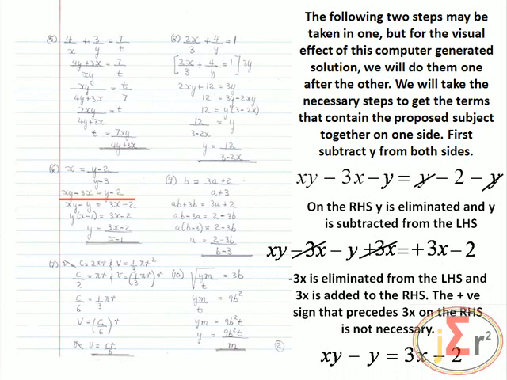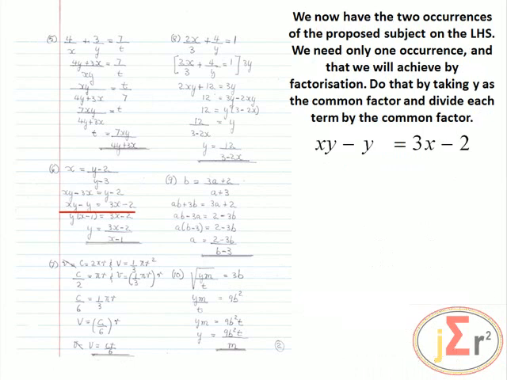And what do we do? Apart from go to the next slide, we now have the two occurrences of the proposed subject on the left hand side. We need only one occurrence, and that we will achieve by factorization.